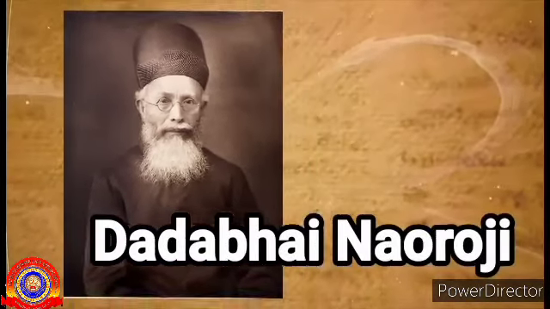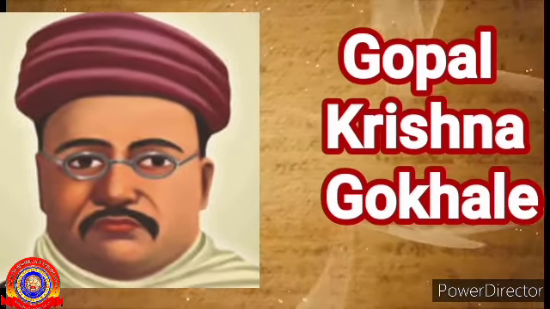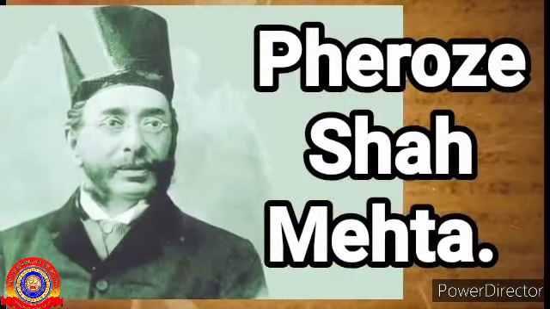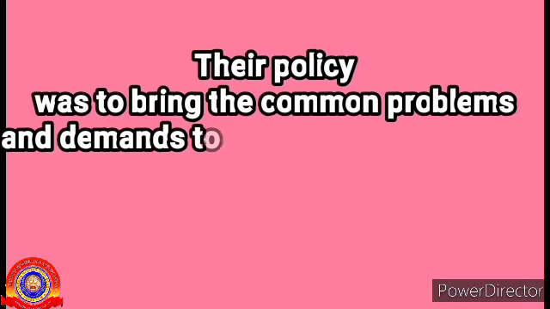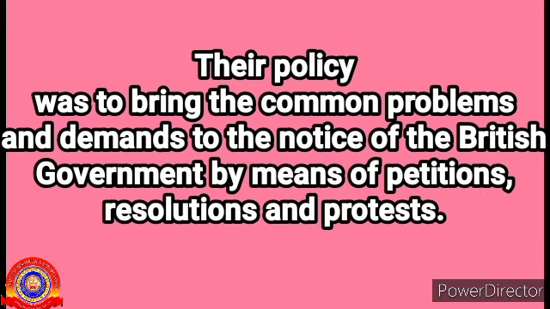The prominent among them were Dadabhai Naoroji, Gopal Krishna Gokhale, Badruddin Toyibji, and Firoz Shah Mehta. Their policy was to bring the common problems and demands to the notice of the British government by means of petitions, resolutions, and protests.